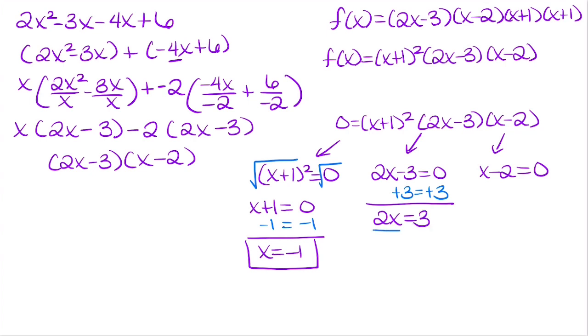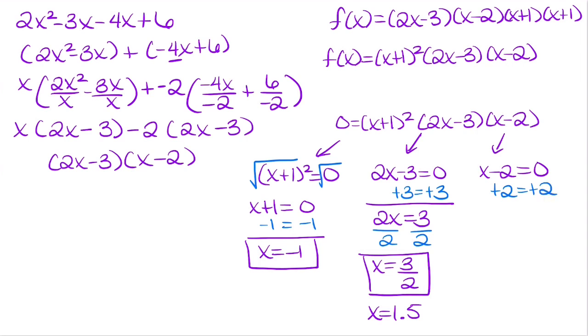Now I can divide both sides by 2 to solve for x, so that gives me x equals 3 over 2. If you would prefer, you can write this as a decimal, which is x equals 1.5. And now finally we can solve x minus 2 equals 0 by adding 2 to both sides, and that gives me x equals 2. So that is my third zero.